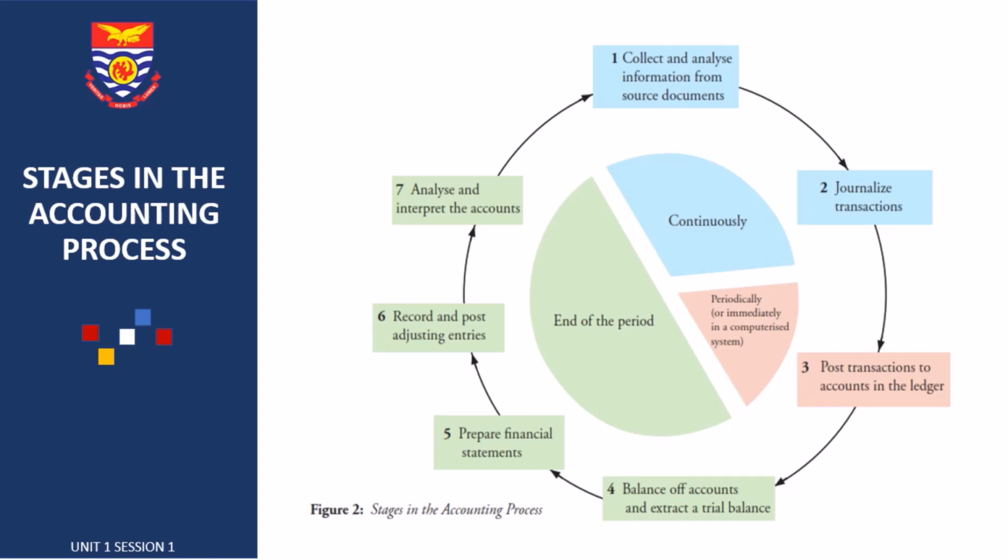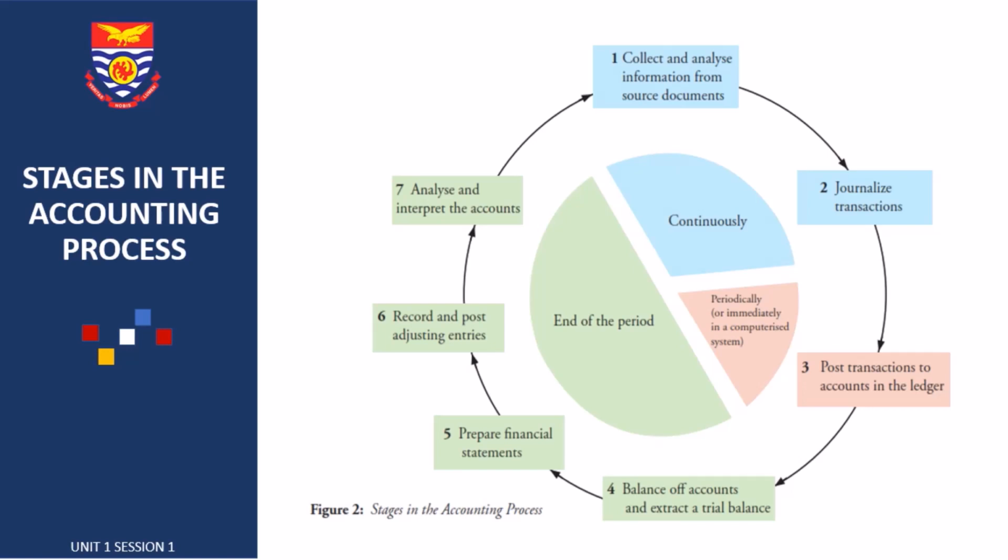The information from the trial balance is then used in stage 5 to prepare the financial statements. The principal financial statements include the statement of profit or loss and other comprehensive income, the statement of cash flow, and the statement of financial position. These are the principal statements that are prepared using the trial balance.